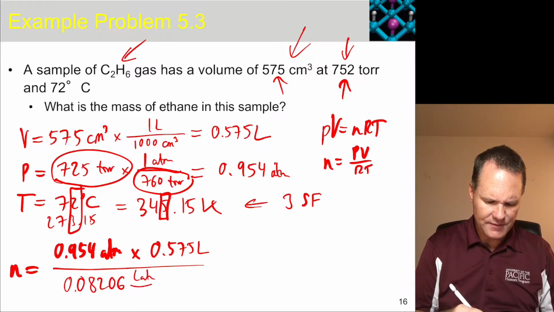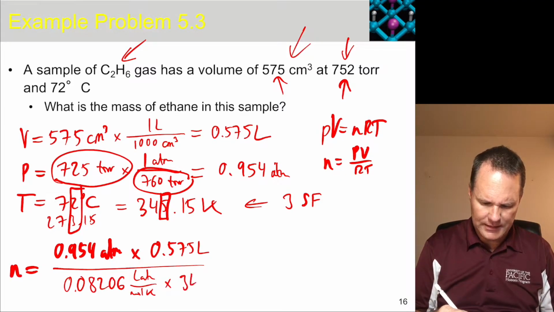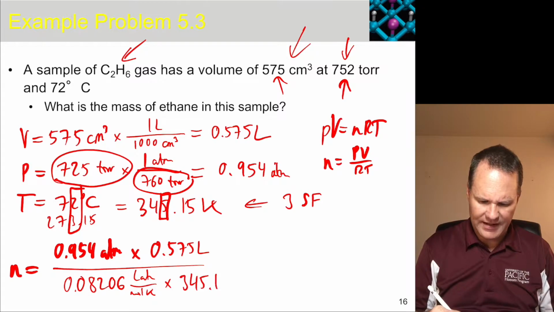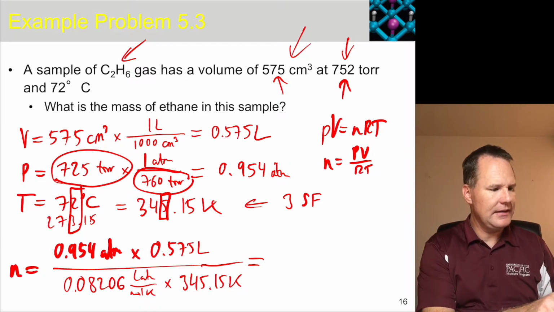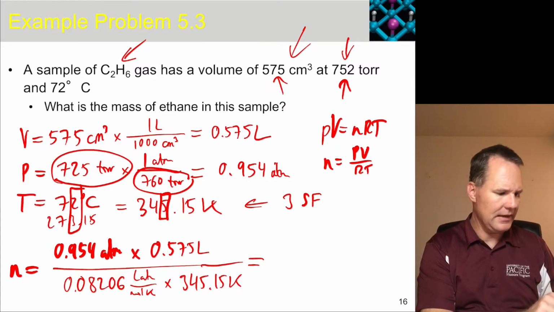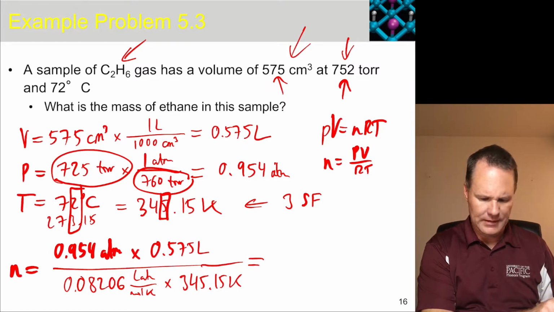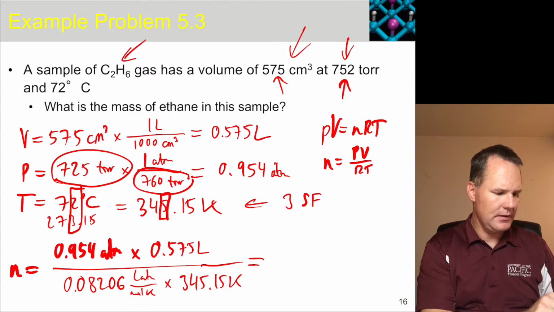liter atmosphere per mole Kelvin, and then multiply it with the temperature of 345.15 kelvins. And if I do all that, okay, so I take the pressure, multiply it with 575 divided by 0.08206.